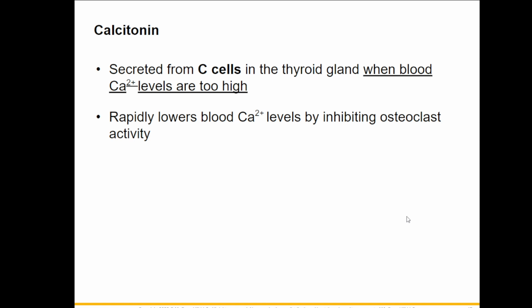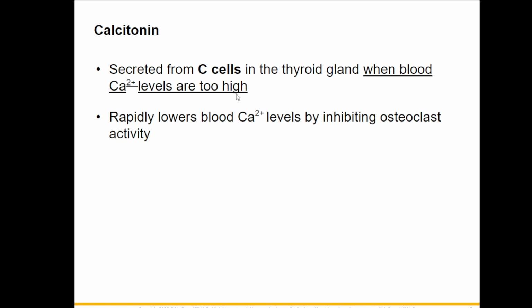While your calcitonin is secreted by your C cells which are found in the thyroid gland. So calcitonin, letter C, C cells, they are found in the thyroid gland. And they are secreted when the blood calcium levels are too high. So what's the goal of calcitonin?